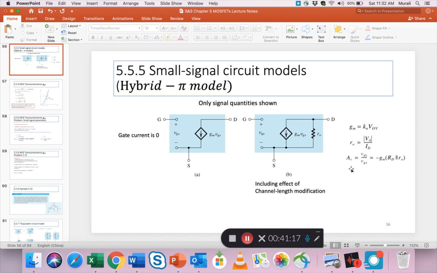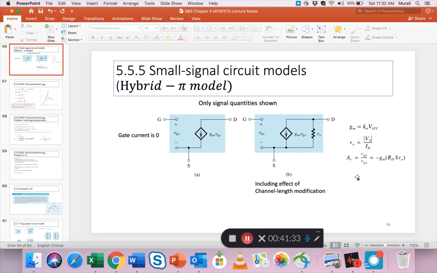Previously the gain was just VDS by VGS, which is GM into RD, right? But in this case you have to introduce this factor RO, okay, in parallel with RD.